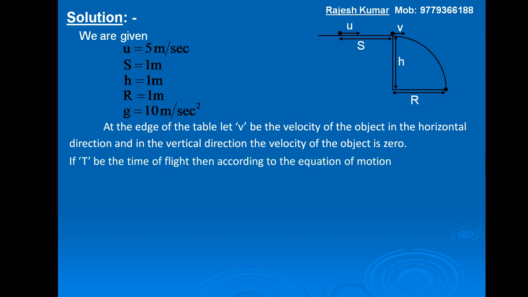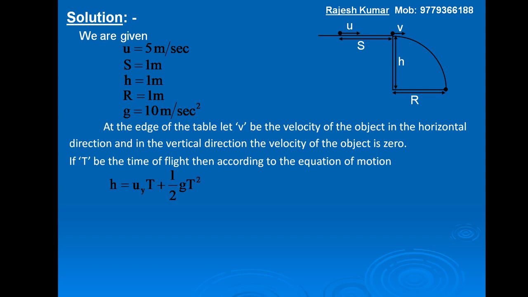If T be the time of flight, then applying the equation of motion in the vertical direction, h is equal to u_y t plus half g t square. u_y here is 0 as the velocity in the vertical direction is 0.